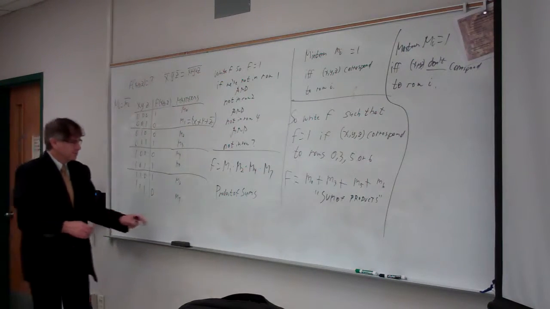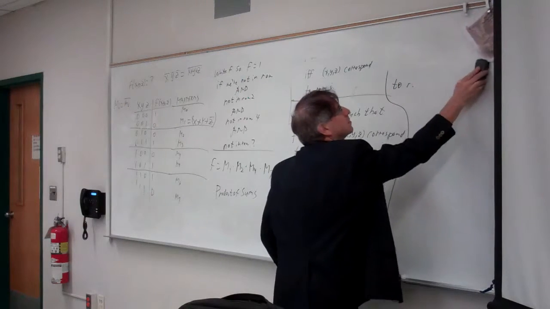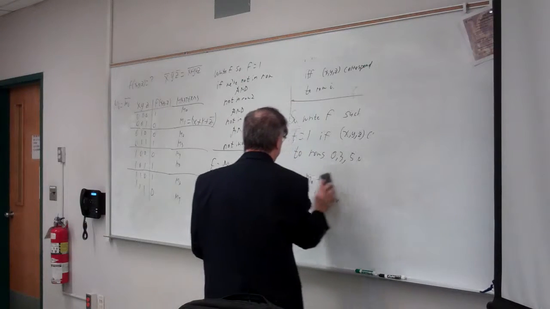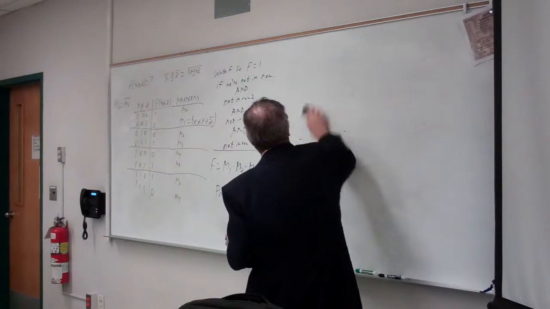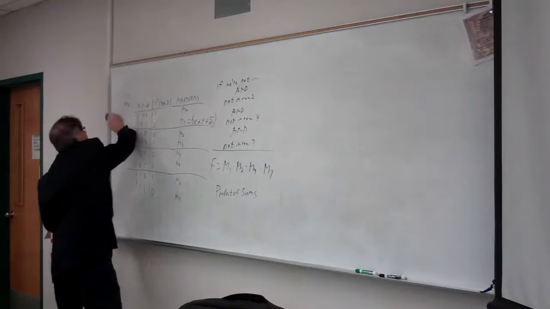All right, completeness. So any truth table that we can write, we can express as either a sum of products or a product of sums, using either of these techniques.